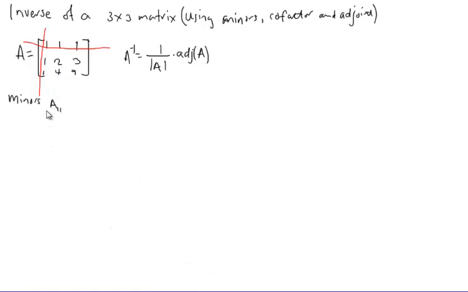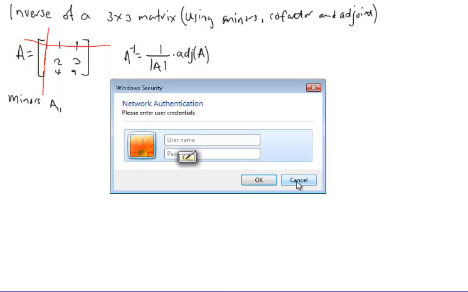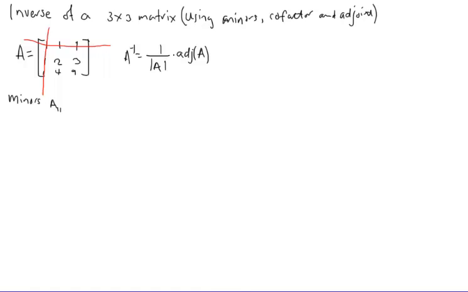In dropping, let me put it this way, so that you don't see the entries, otherwise they'll confuse you, isn't it? So I'm dropping those things. What am I left with? I'm left with this minor matrix.